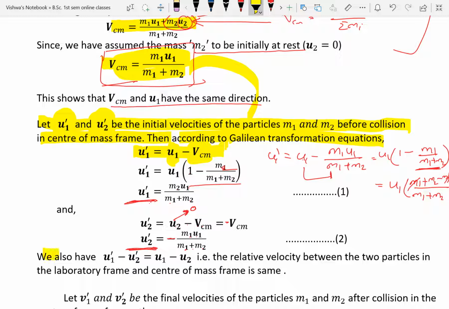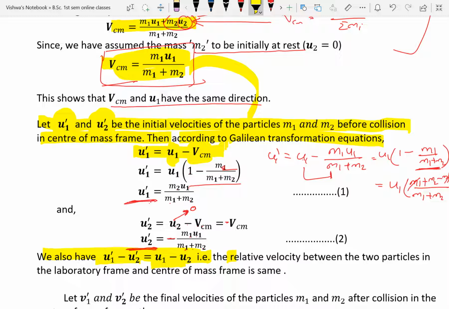And then u1 prime minus u2 prime equals u1 minus u2. When you subtract these two velocities u1 and u2, that gives the relative velocity. The relative velocity in the laboratory frame of reference and the relative velocity in the center of mass frame of reference before the collision are the same quantity, that means both are equal.